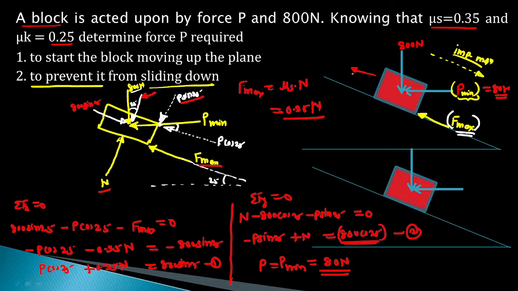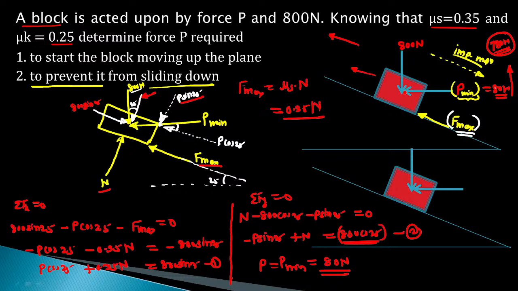For the upward direction, we have to increase this value up to the force 780 Newton we have calculated in the first condition. So, if the force is equal to 780 or greater than 780, then the block will be in complete motion up the plane. So, this force will just prevent the block from sliding down.